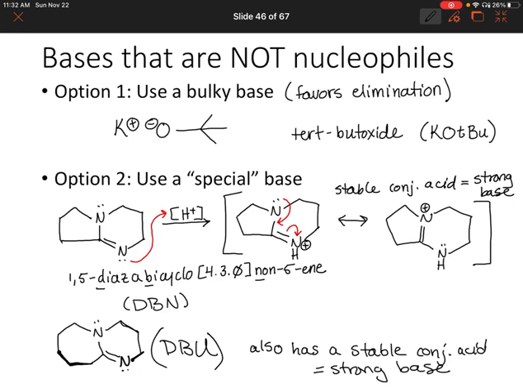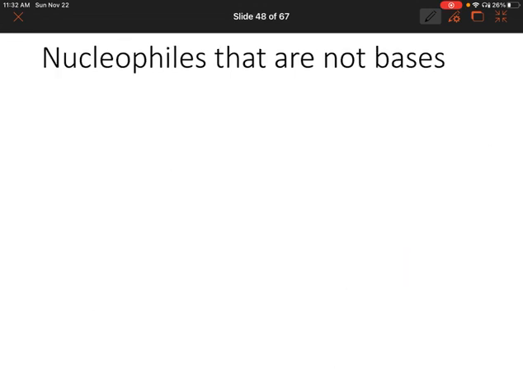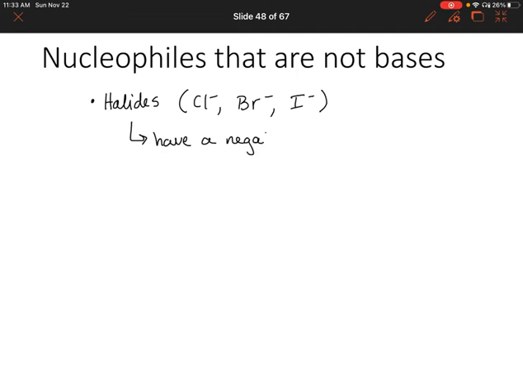All right, now what if we want the opposite? What if we want nucleophiles that are not bases? One option is to use a halide: the chloride ion, the bromide ion, or the iodide ion. Halides have a negative charge, which is good. That means they're very reactive, which we want for a nucleophile.